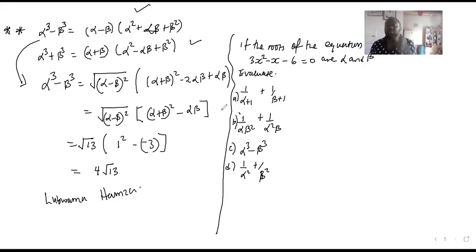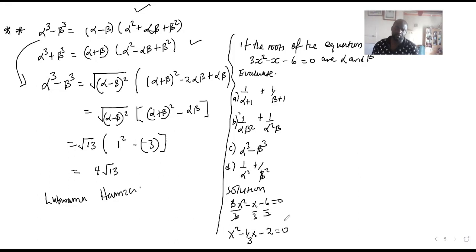Now, I told you the equation has to have the coefficient on x squared as 1. So to start with, you should have the 3x squared minus x minus 6 is 0. First, divide everything by what? So that you have x squared minus a third x minus 2 is 0.